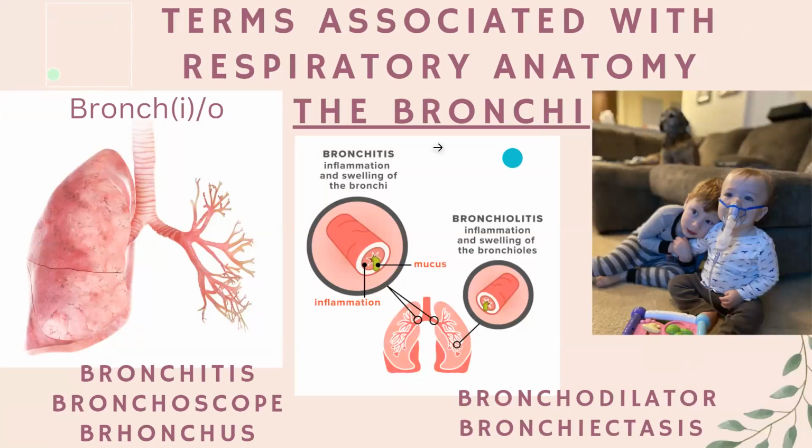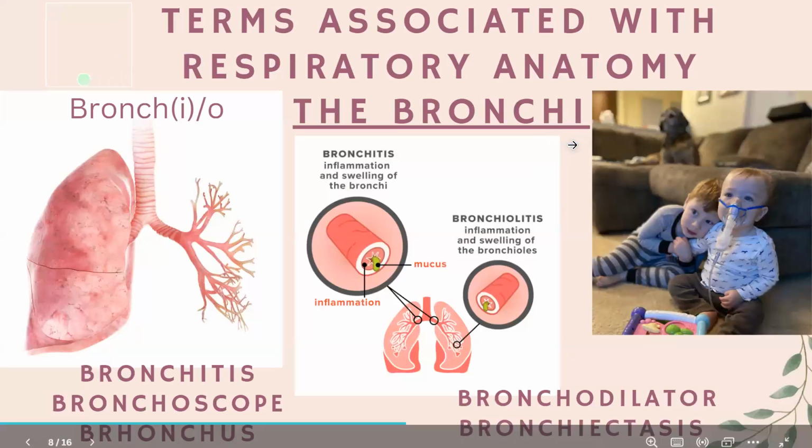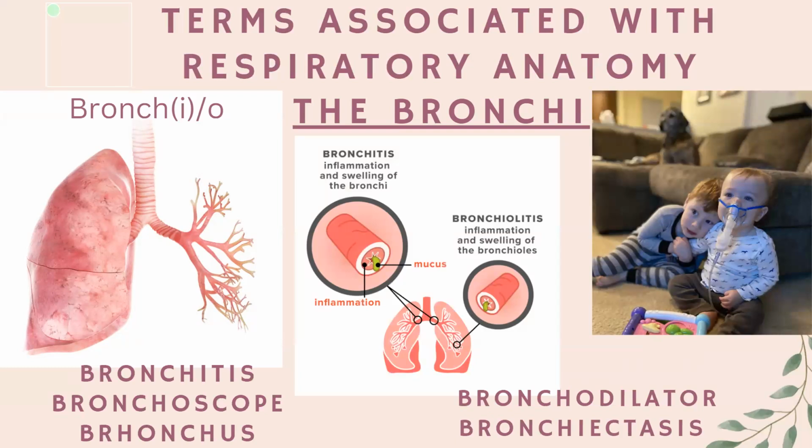All right, let me point out this middle section first. This is another good example of why we want to keep paying attention to the differences in small details. Our bronchi, or bronchus, is going to be this word root here, bronch. Sometimes they add the I and O, a double combining vowel, so just bronch or bronchi.